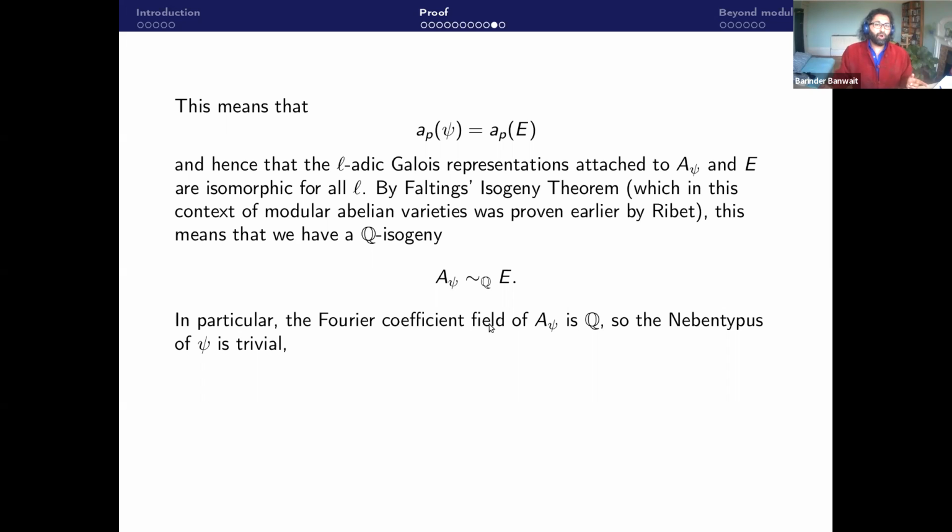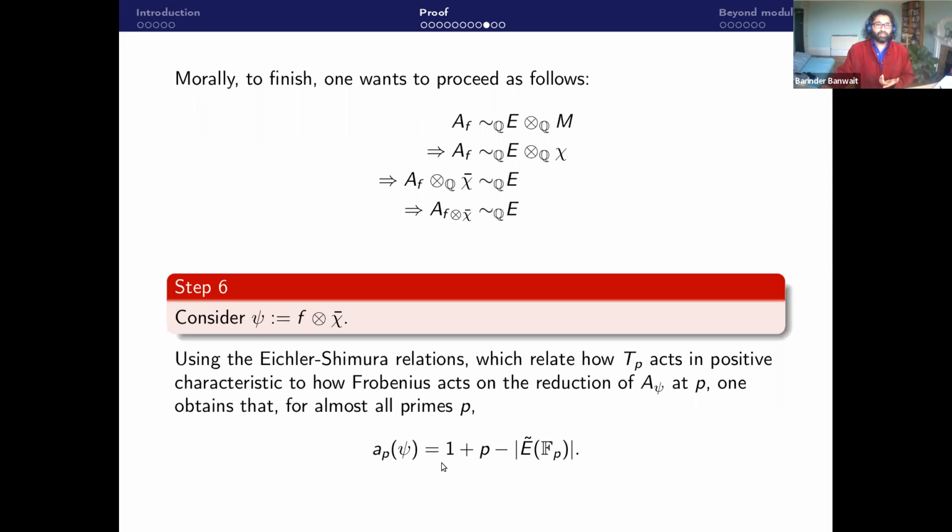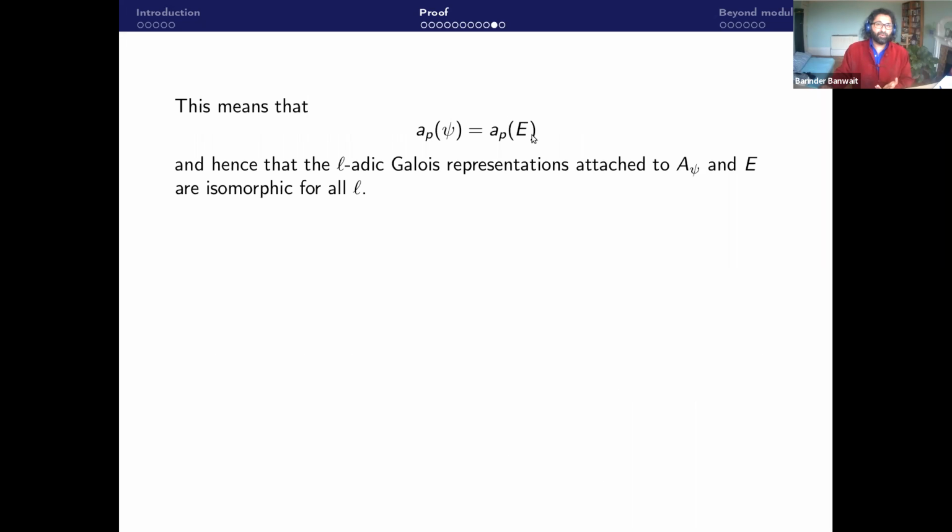And that's true because the Fourier coefficient field is Q. And why is that? Well, the Fourier coefficient field is generated by these a_p(psi) values, which we said were equal to these a_p(E) values. And a_p(E) is just p plus 1 minus some number. So these are all integers, so these are all rational.